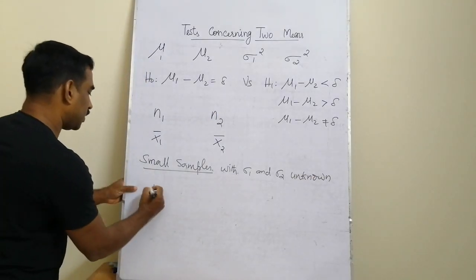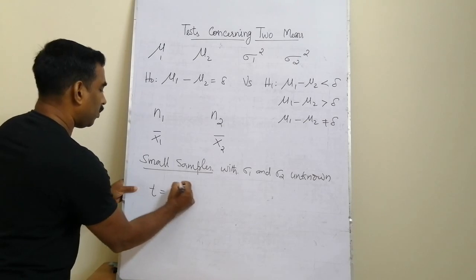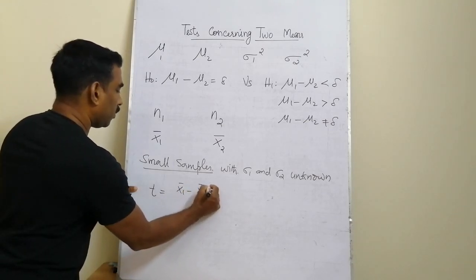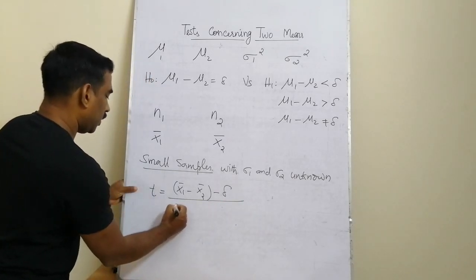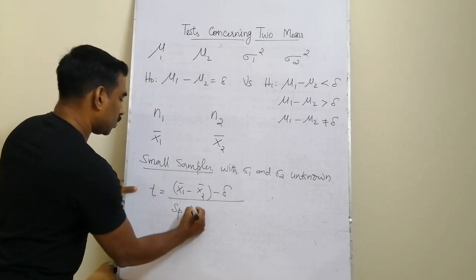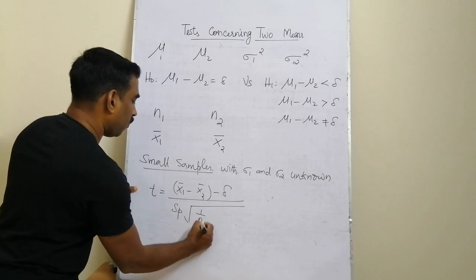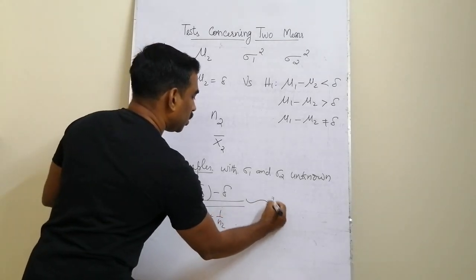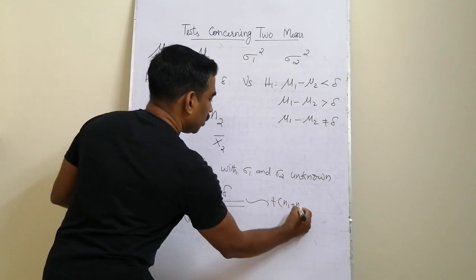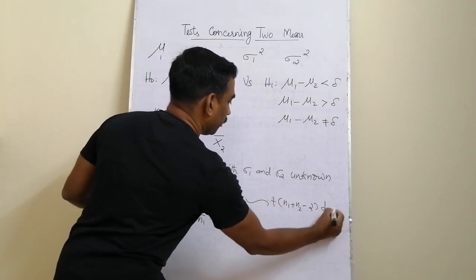That means the test statistic t is given by x1 bar minus x2 bar minus delta, the whole divided by sp into square root of 1 by n1 plus 1 by n2. This follows t distribution with n1 plus n2 minus 2 degrees of freedom.